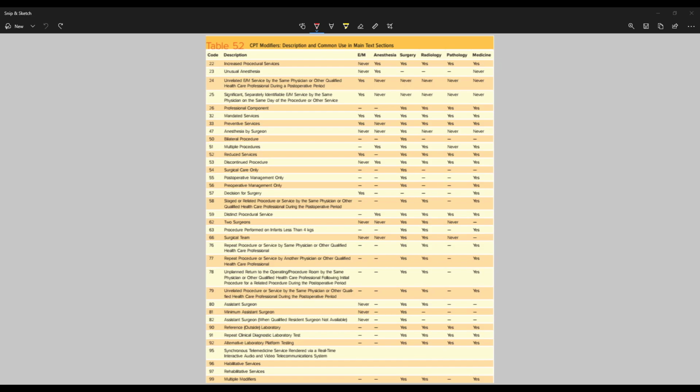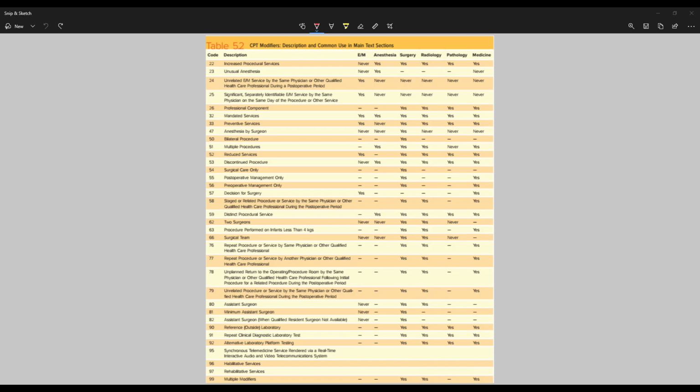An important part of the CPT, though, is modifiers. Modifiers are going to be the 2-digit codes that we see listed after. We'll talk more about these shortly, and they're obviously one of the most important parts of the course because we want to logically look at modifiers and how to use them.